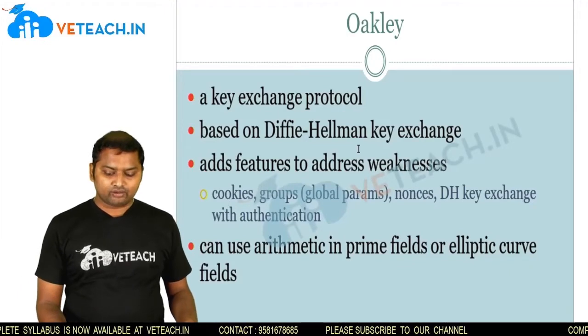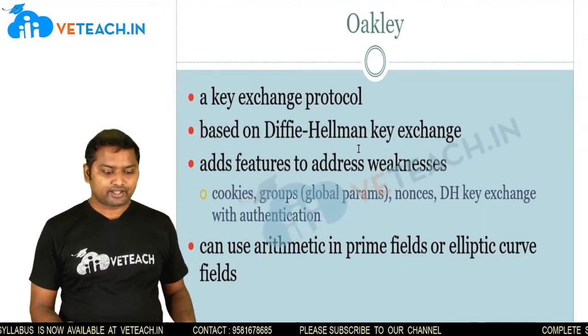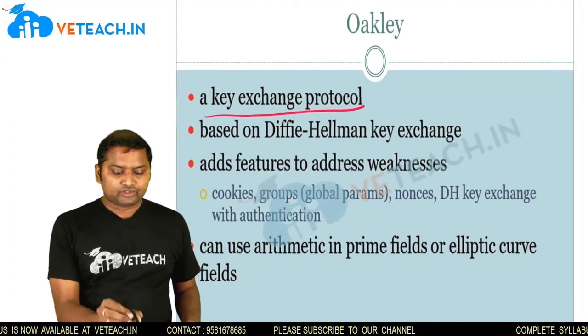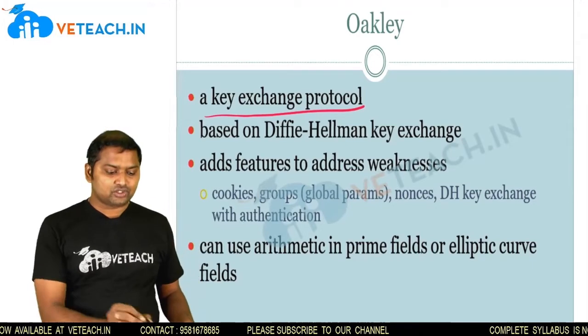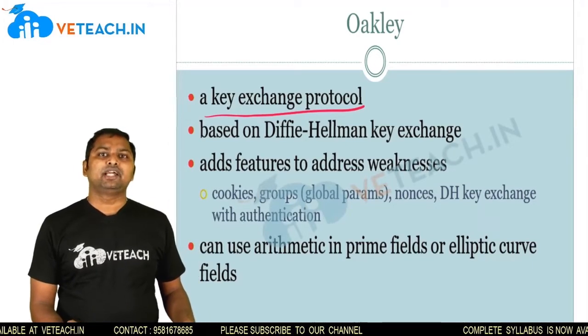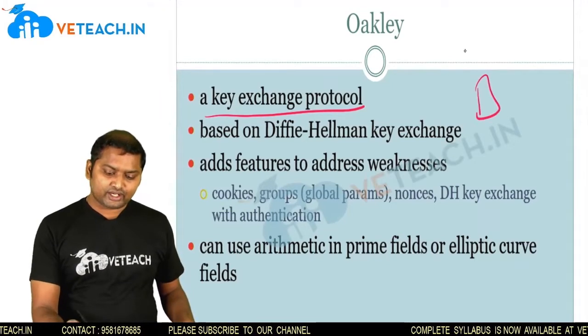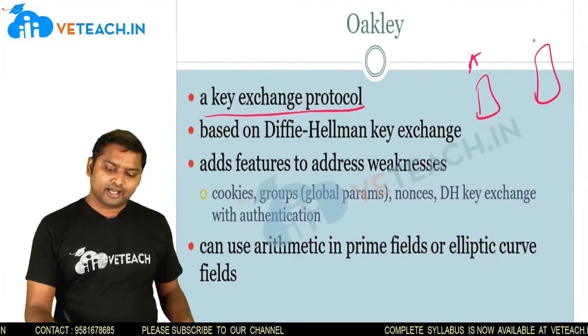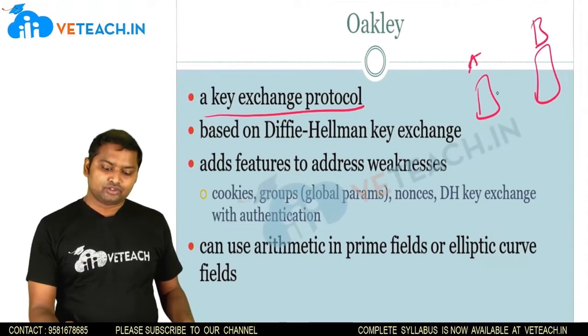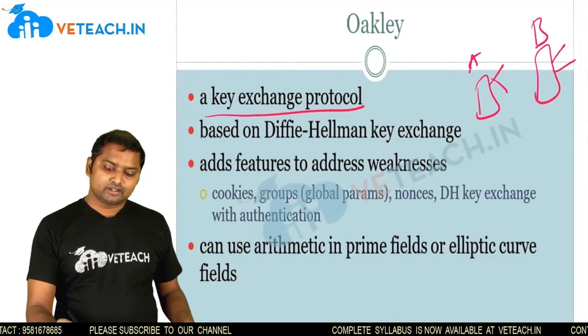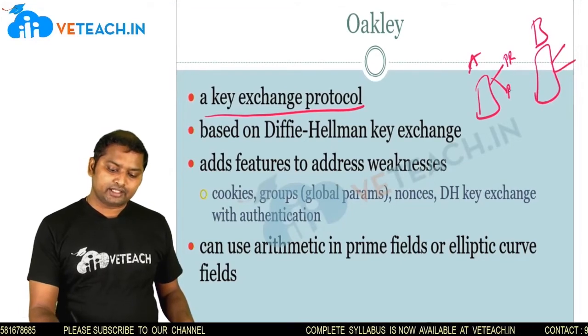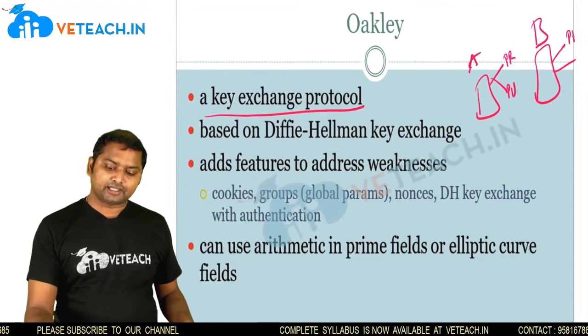This is the first automated key management method. By using Oakley, you can exchange keys with a protocol. Exchanging protocol is nothing but exchanging of keys. For example, I am taking A and B. A has two keys, one private key and another public key.